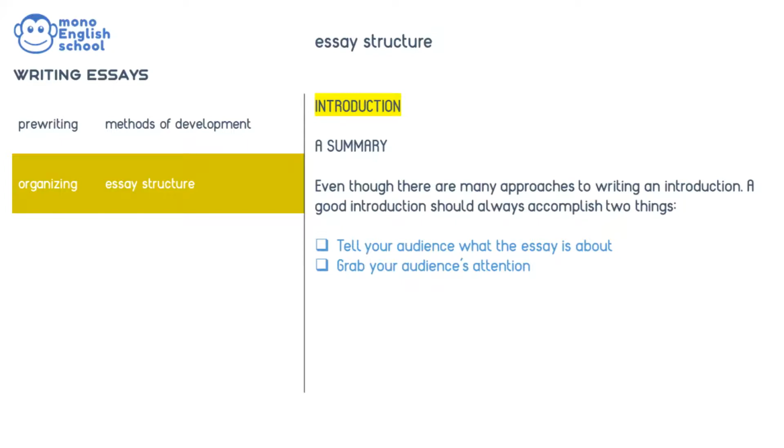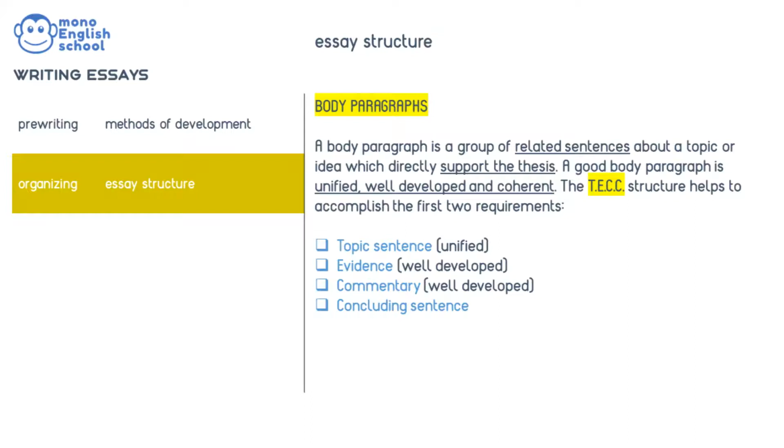Following the introduction, you need to create several body paragraphs. The paragraphs must be centered around one claim, topic, or idea in the thesis statement. A good paragraph is unified, well-developed, and coherent.